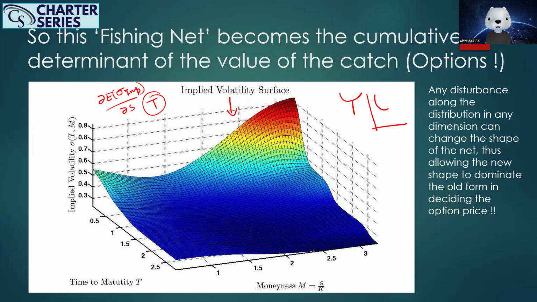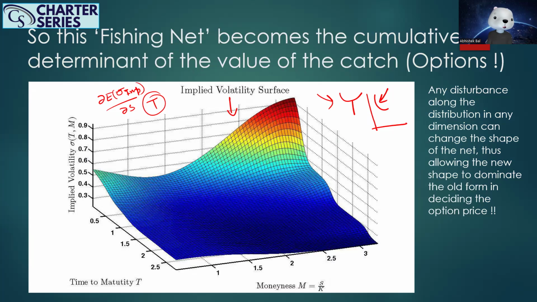Practitioners refer to the volatility surface and not the volatility smile or volatility smirk in particular. And the forces that define this particular net, I call this a fishing net, any change along the dimension of these forces will account for a change in the values of the option itself.